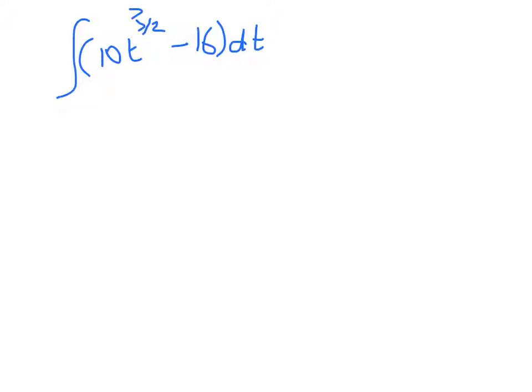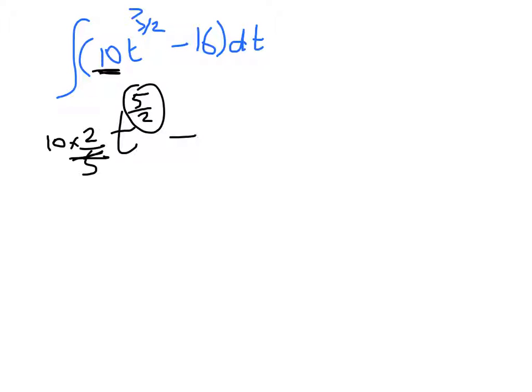So anti-differentiating, I'll get something times t to the power of 5 over 2. Right, I want to have 10 up here, so it's going to be 10 times 2/5 to undo the 5 over 2. Right, we'll come back and clean that up in a minute. Minus 16t plus c. And that's now giving me an expression for velocity as a function of t.